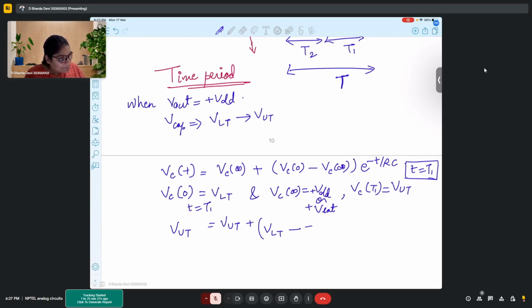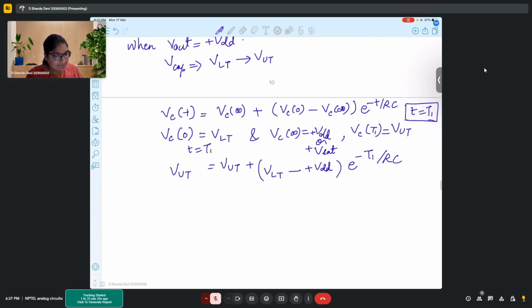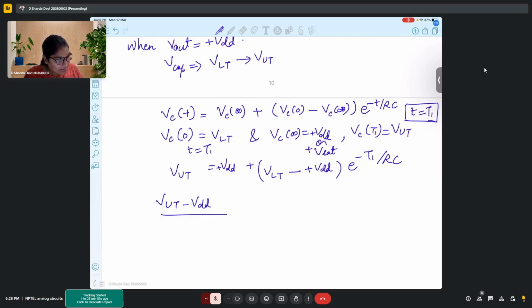So this is plus VDD e to the power minus T1 by RC. And here also this is plus VDD, or I can say plus VSAT, since both are same. So (VUT minus VDD) upon (VLT minus VDD) is e to the power minus T1 by RC.